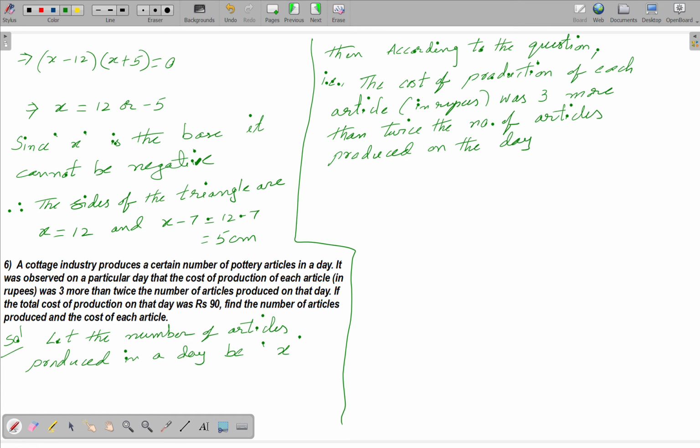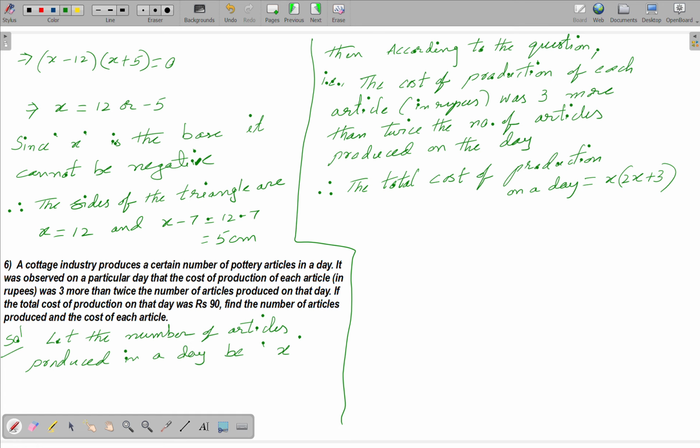This is given in the question. Now the total cost of production on a day is equal to x into 2x plus 3. This is according to the question.